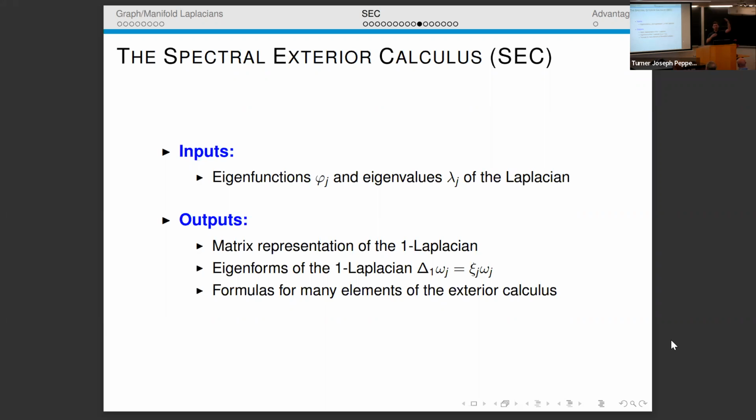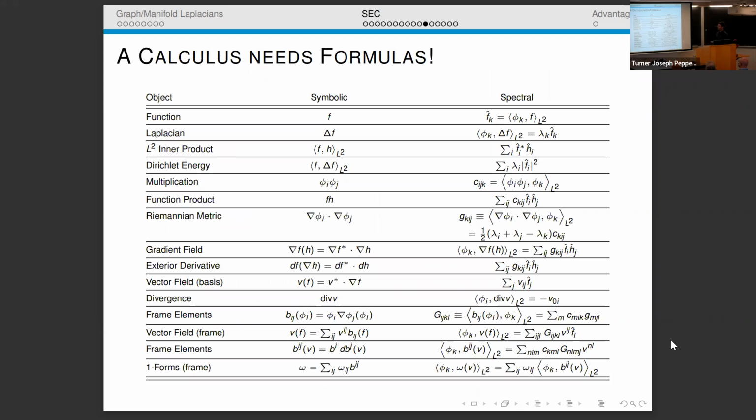There's also higher order Laplacians that operate on higher order differential forms. The first one to go after is the Hodge Laplacian on one-forms. That would give you a basis, essentially a basis of eigenvector fields of the Hodge Laplacian. And that would essentially give you a Fourier analysis on vector fields, because there's an L2 space of vector fields.